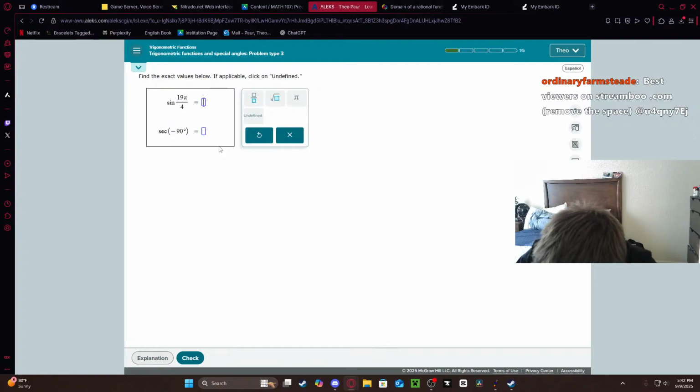SEC equals 1 over cos. And COT equals cos over sine. TAN equals sine over cos. Perfect.